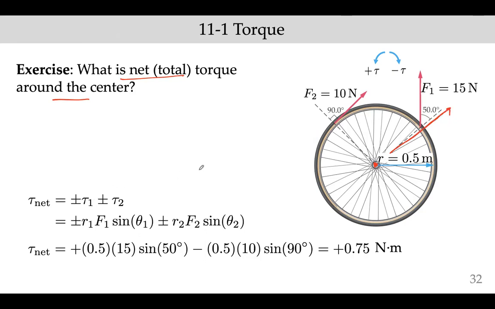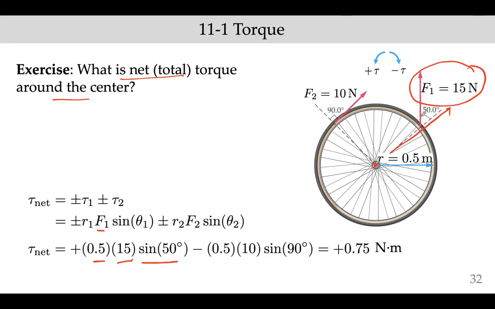So how do you write the total torque? Well, let's first write the torque due to this vector. You write the force, you write the radius, which is 0.5, and you write the sine of the angle between them, which in this case is sine 50.